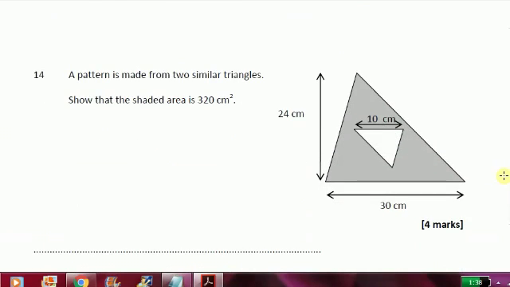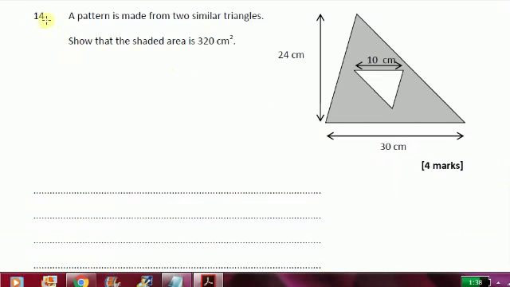Finally, question 14. A pattern is made from two similar triangles. Show that the shaded area is 320 square centimeters. So we've got the big triangle, and we know that the big triangle has a base of 30 and a height of 24, so I should be able to work out the area of the large triangle.